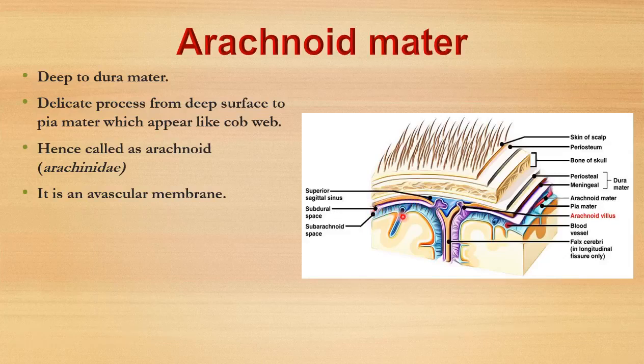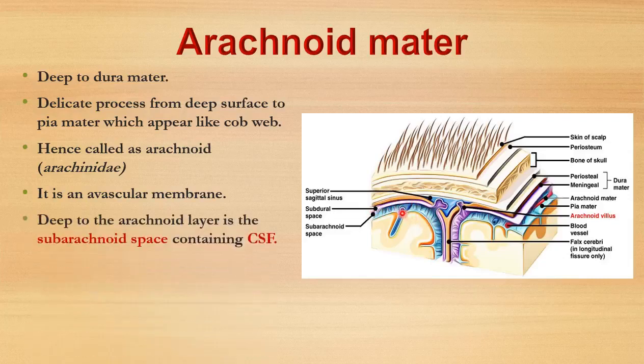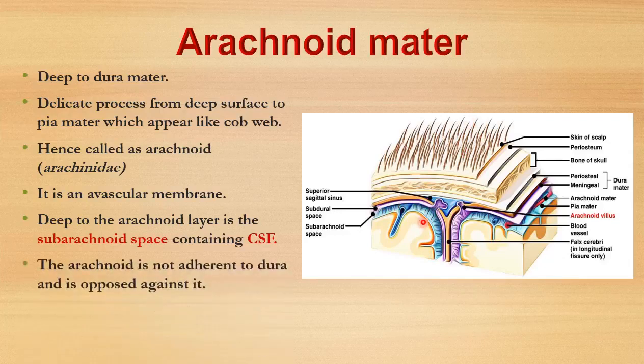That is why it is 5 to 6 layers in thickness. And as I told you, the CSF is present in the subarachnoid space, which consists of the cerebrospinal fluid.